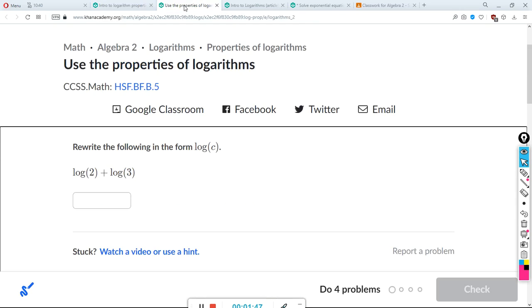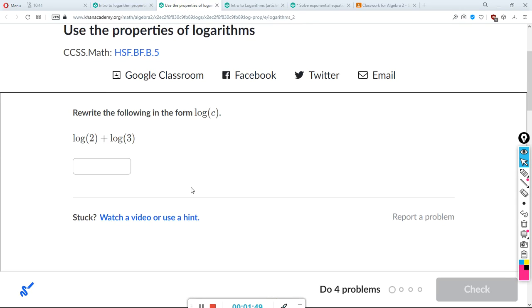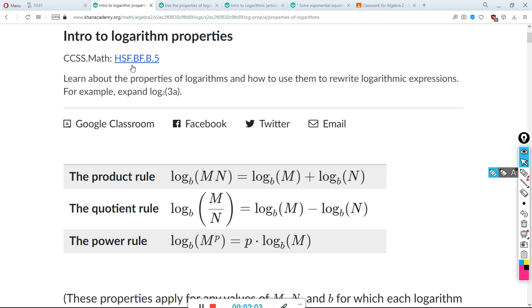Alright, here we have, use the properties of logarithms. Here we have the log of 2 plus the log of 3. Now we said before, when you add the two items individually, it's the same as multiplying and just taking the logarithm once.